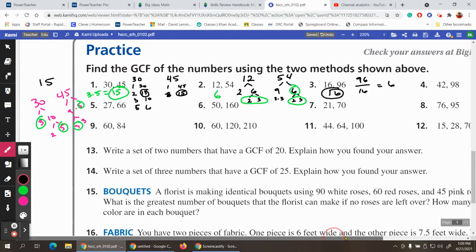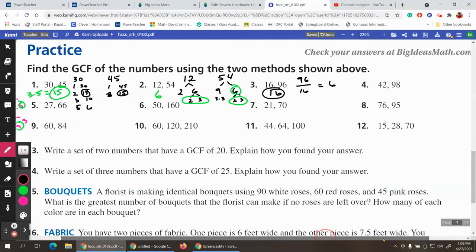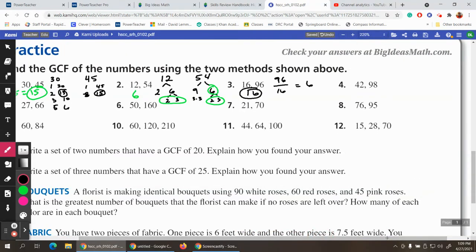98 divided by 42. Nope, that doesn't work. So let's prime factor these out. 42 is 6 and 7, and 6 is 2 and 3. Now 98.